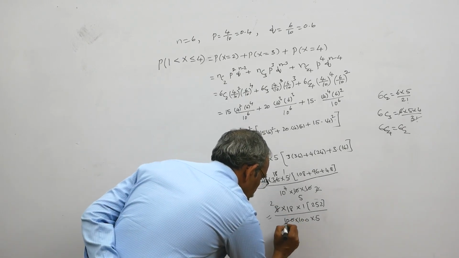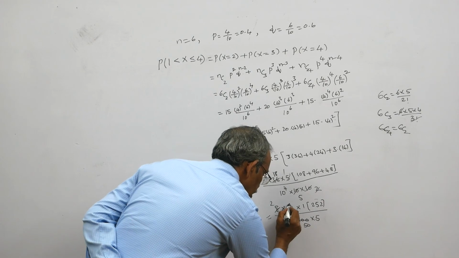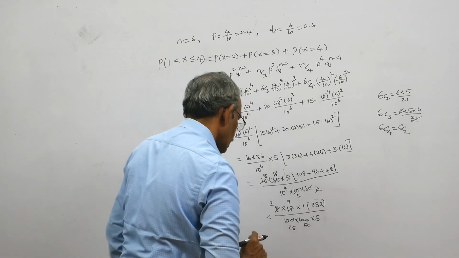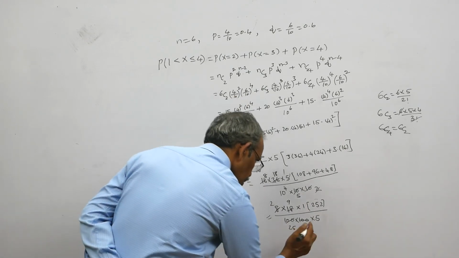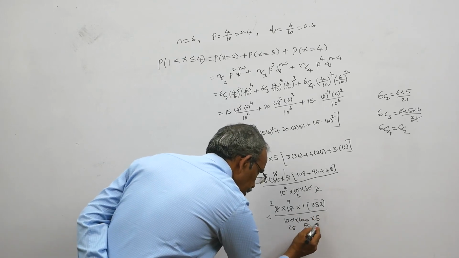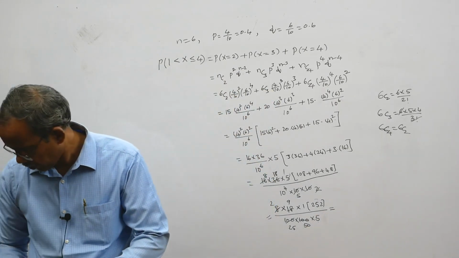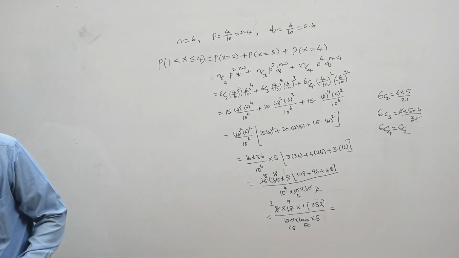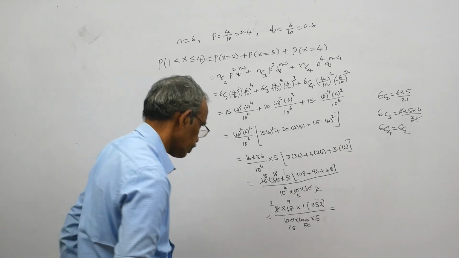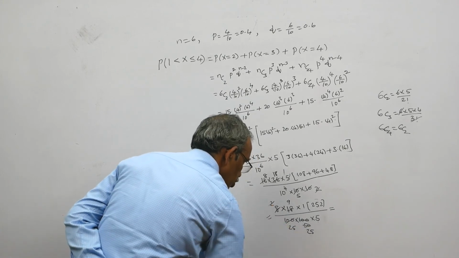4 2s are 4 25s, next 2 50s, 2 9s. This is equal to 2 into 9 into 5, 252 into 25 into 50 by 5. Here we have 2 25s, 50.